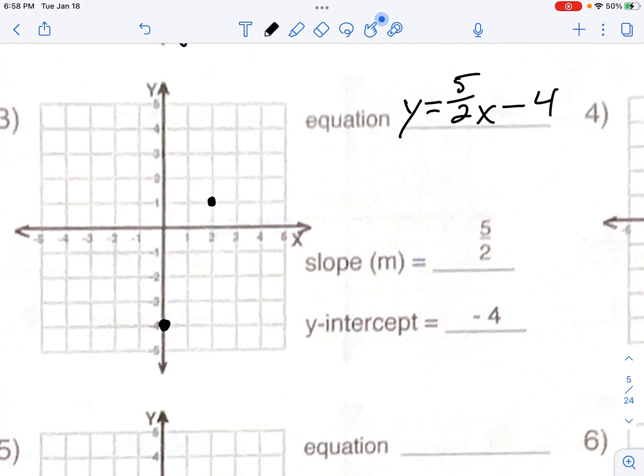However, I know some of you are like, well, it's only up one more spot. So if you went up 1, 2, 3, 4, this would technically be 5. Okay, 1, 2, 3, 4, 5, and then right 2, that would actually be where the next point is. You don't have to do that if you don't want to, but if you want to, then obviously you can. Okay, and then draw your line.